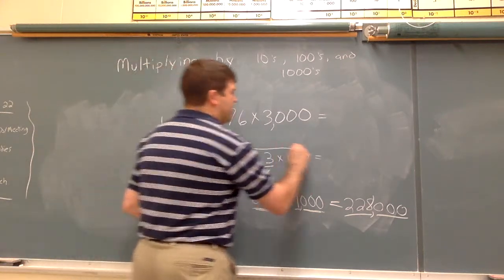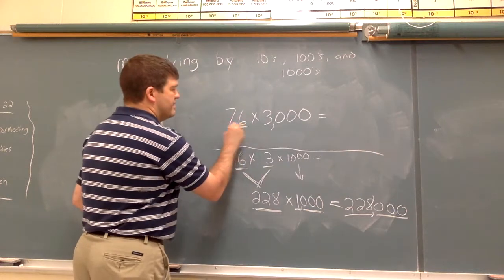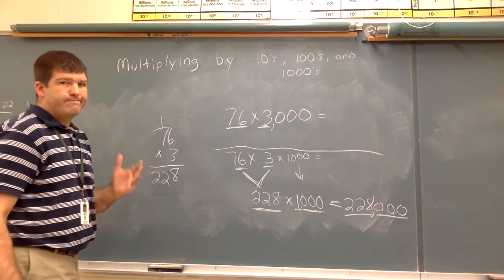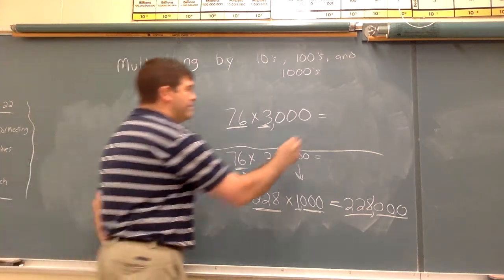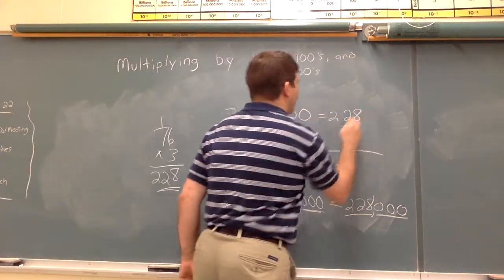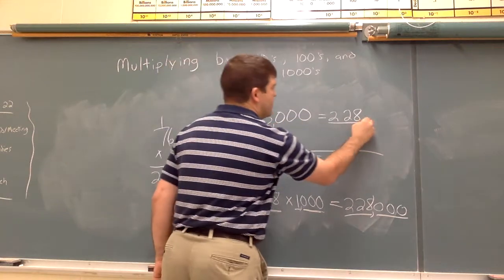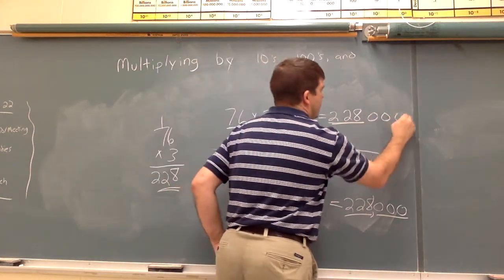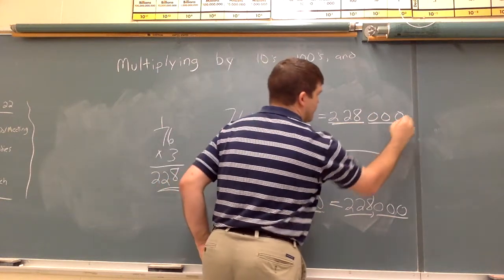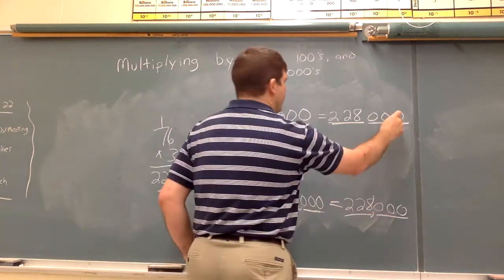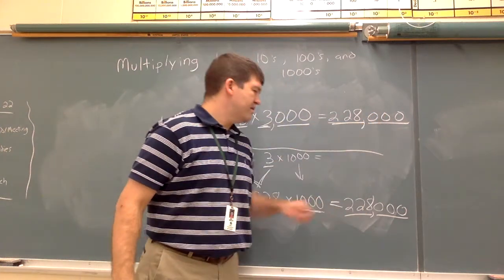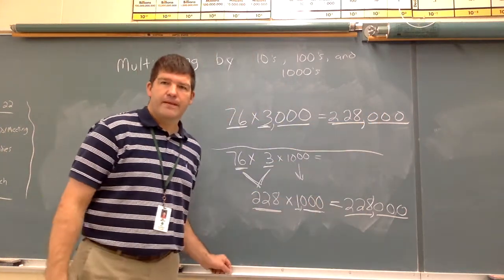I could have just done this, 76 times 3. And 76 times 3, same thing, 228. Then I go 1, 2, 3 zeros equals those 3 zeros. Then I come back and put my commas in. And 228,000 and 228,000. Okay?